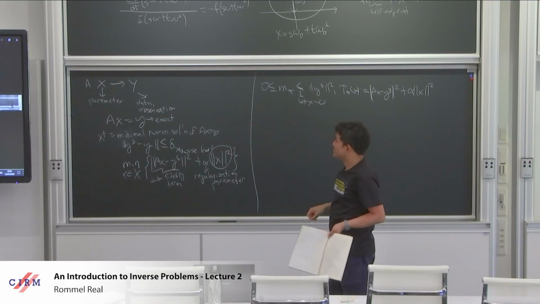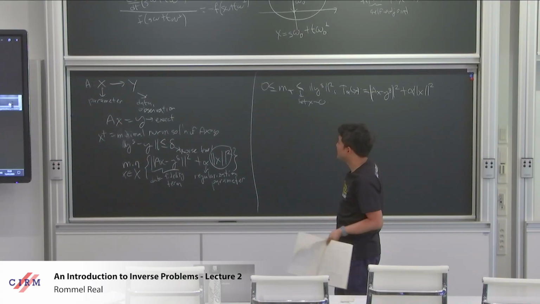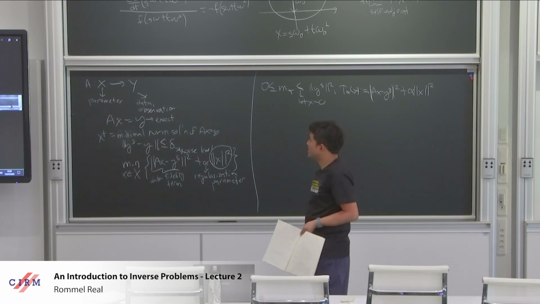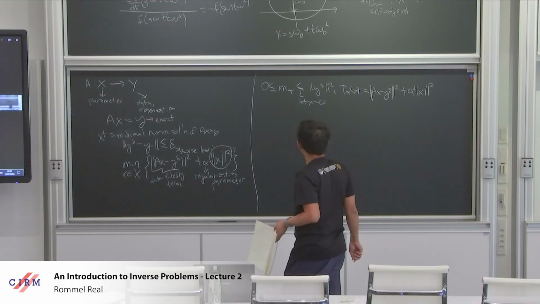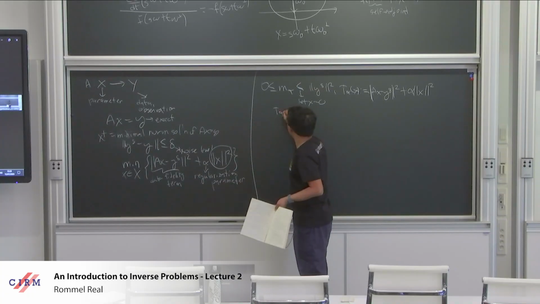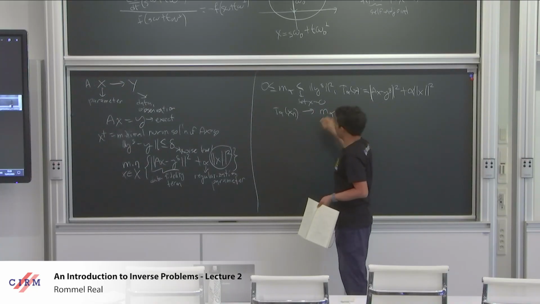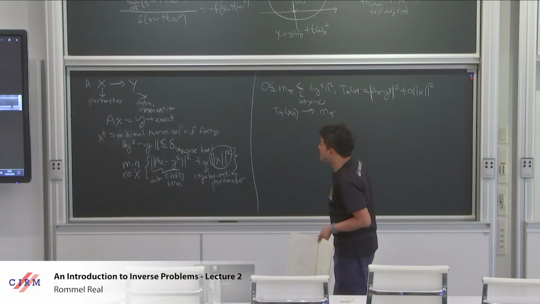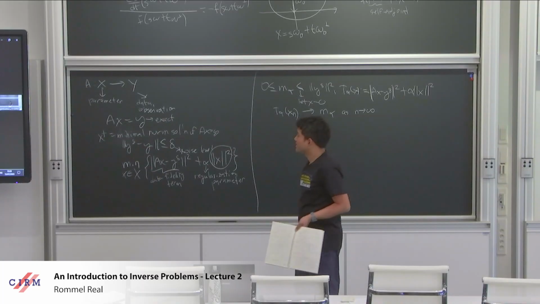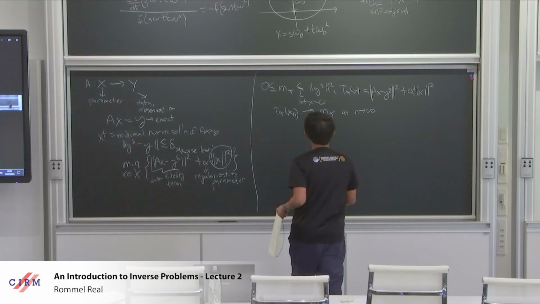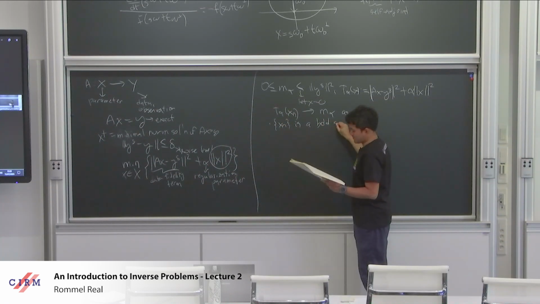Now, that's a very important observation, because if we let x sub n be a minimizing sequence, that means the values of the Tikhonov functional T sub alpha of x sub n converge to the infimum m sub alpha as n goes to infinity, then this will imply that x sub n is a bounded sequence.